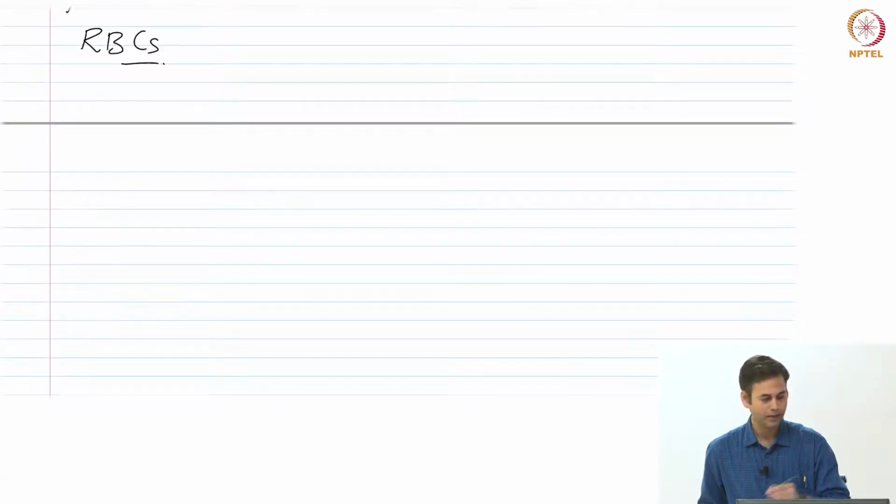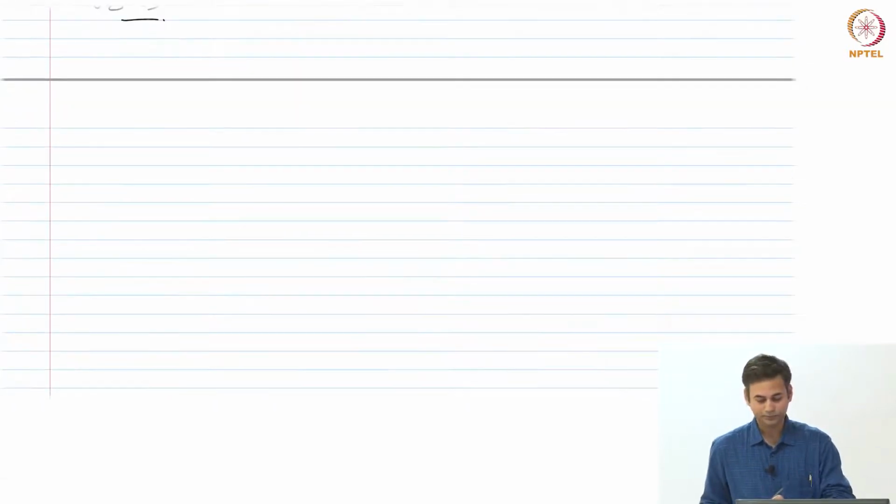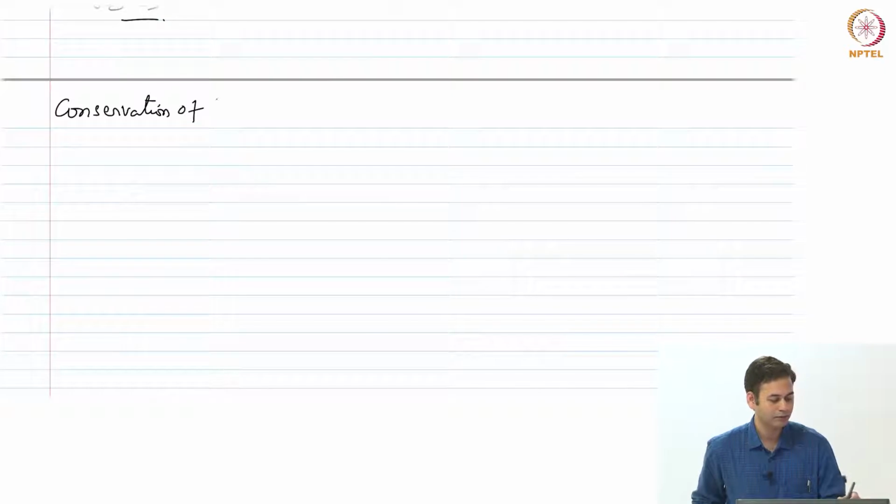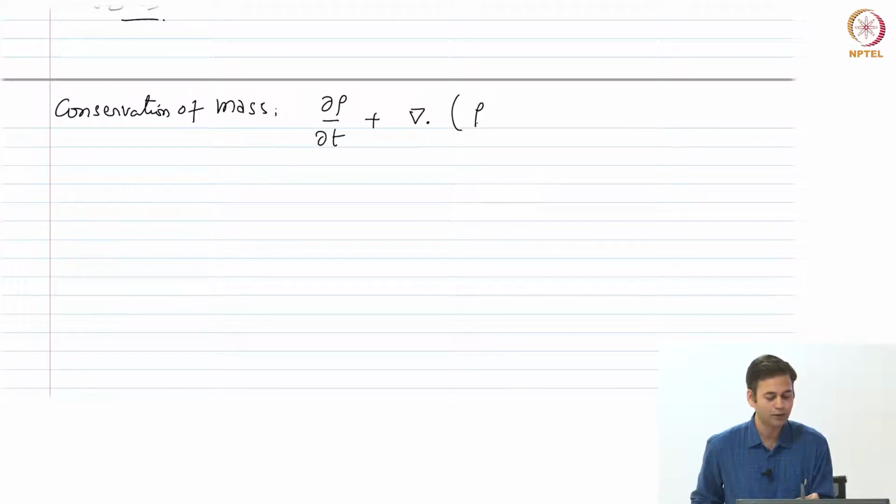Now, just like the conservation of mass, where we derived the conservation of mass as partial rho partial t plus del dot rho u bar equals 0, right.